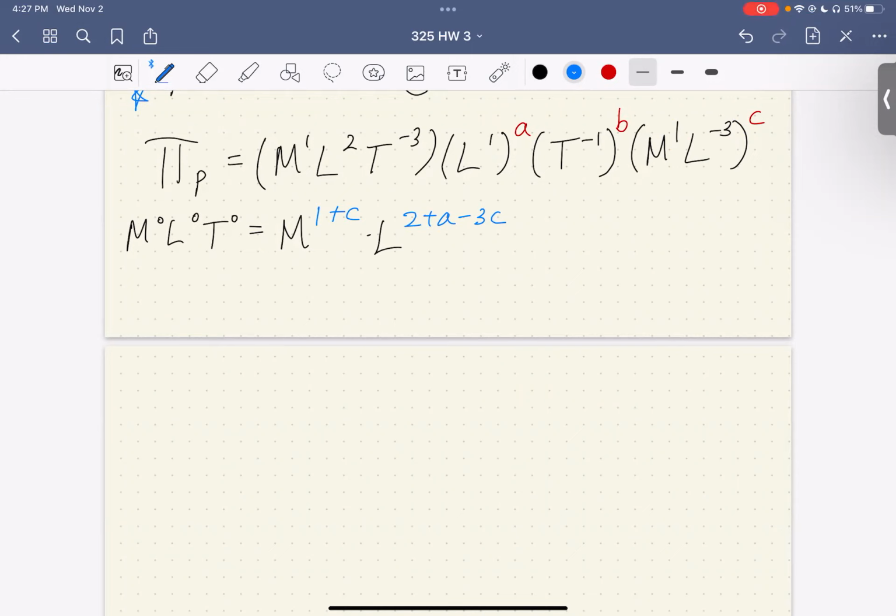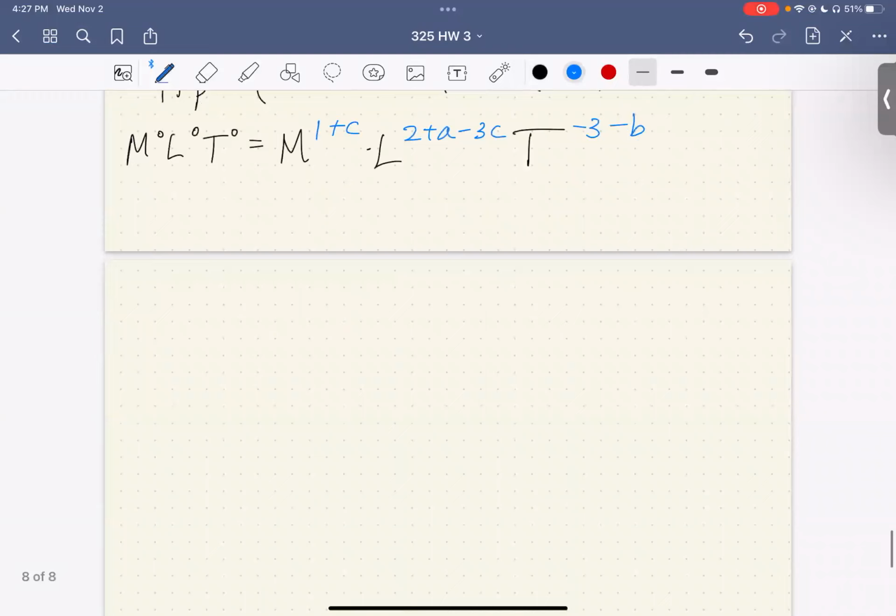Great. And then now we have T, we have minus 3 with nothing, okay? We have minus B, negative 1 times B, and I believe that is it. So now we just need to solve for A, B, and C.